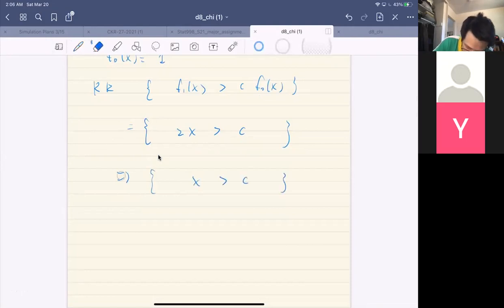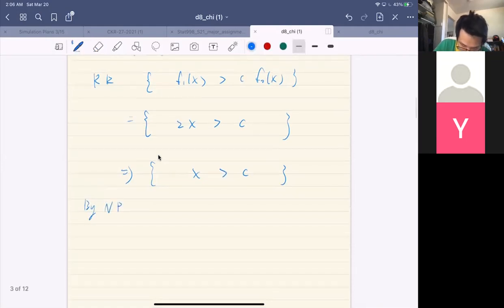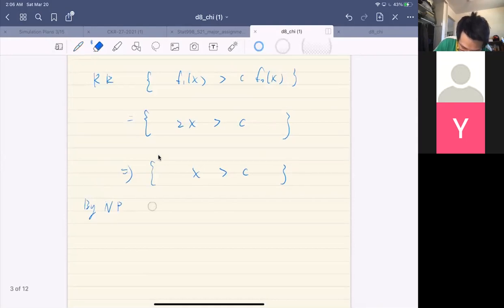Next is the rejection region for the UMP test. By the Neyman-Pearson lemma, this is the rejection region for the UMP test.